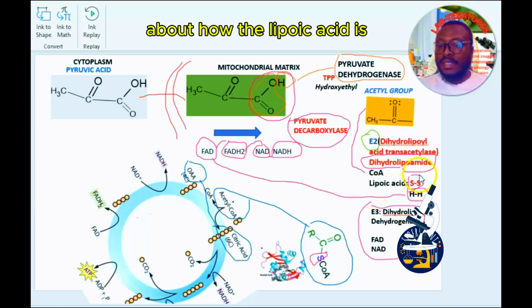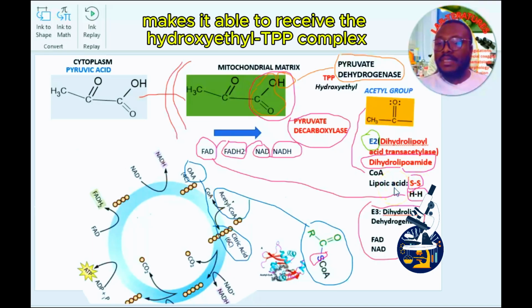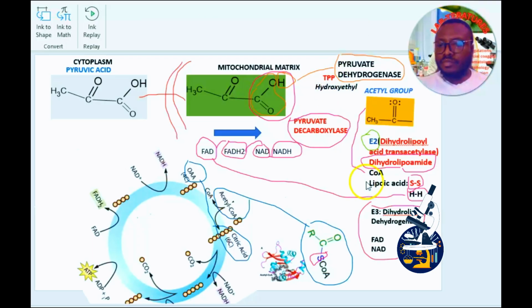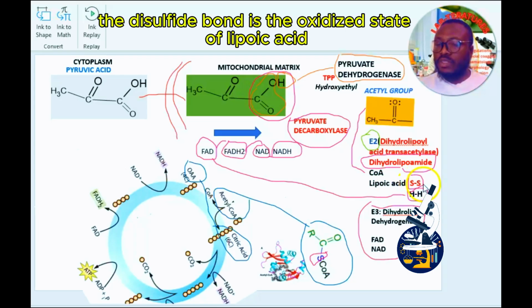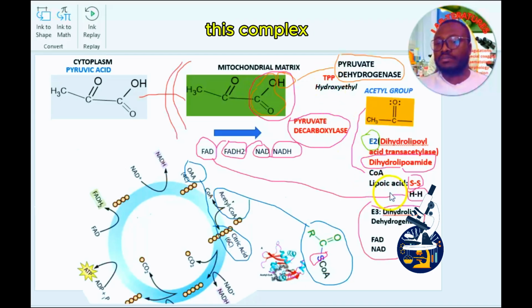acid's active site disulfide bond makes it able to receive the hydroxyethyl TPP complex. Now, I said, one, the disulfide bond is the oxidized state of lipoic acid, which means it is in a state where it can receive this complex.